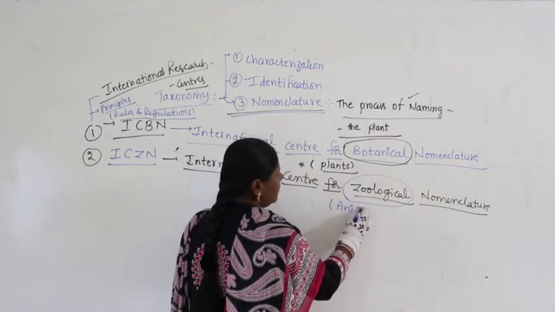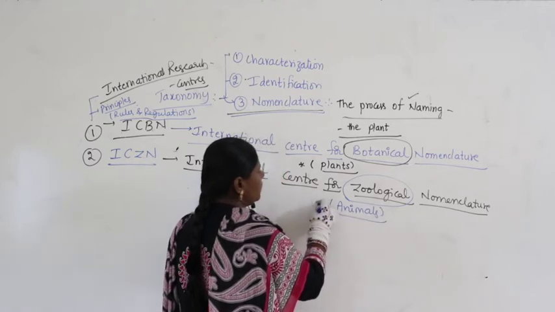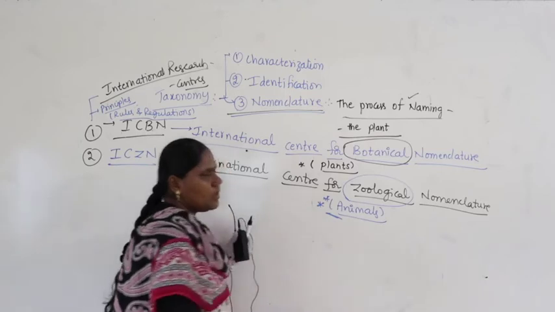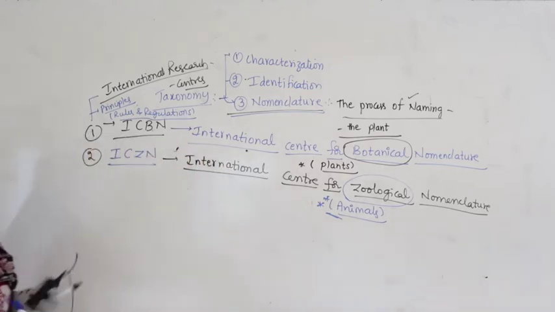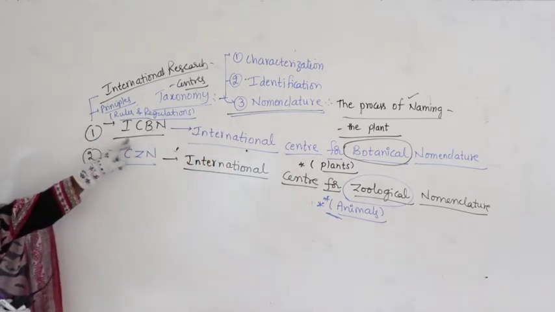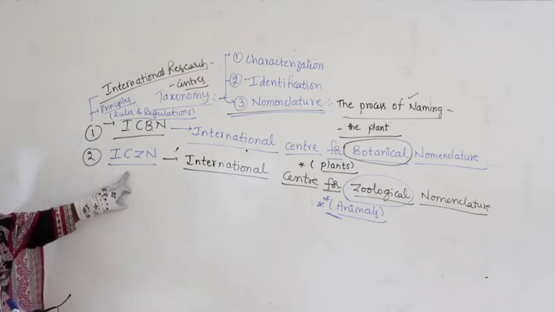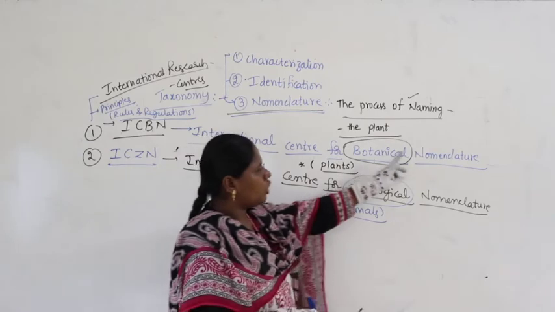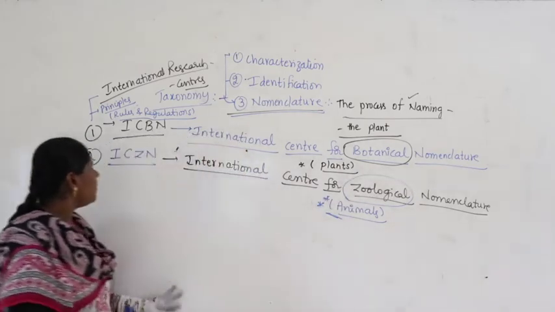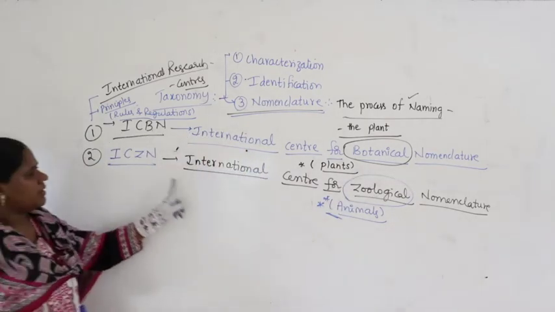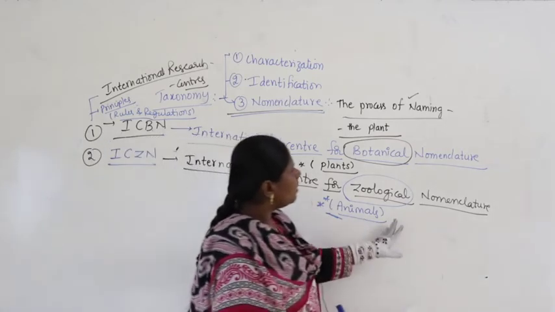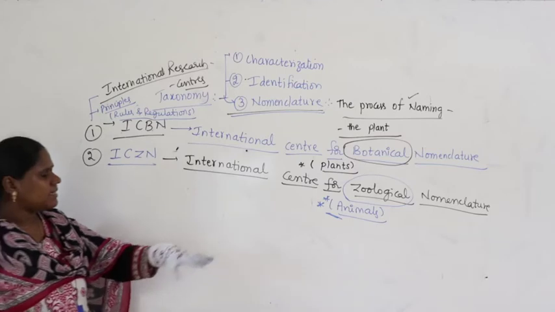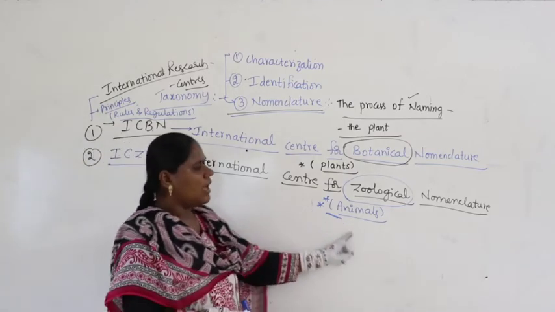This is an international center which gives rules and regulations for naming animals. So, we have two international research centers. One is called ICBN, the other is called ICZN. Guys, try to remember. One is for giving names to plants, the other for giving names to animals.